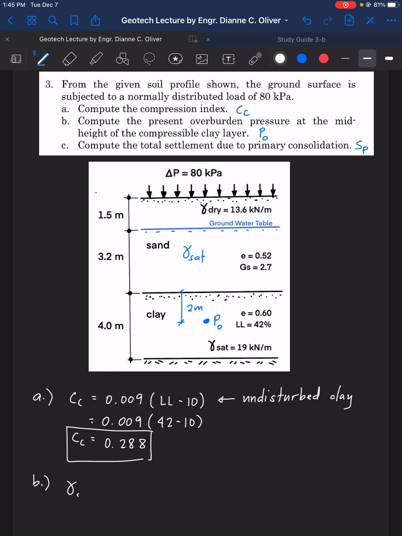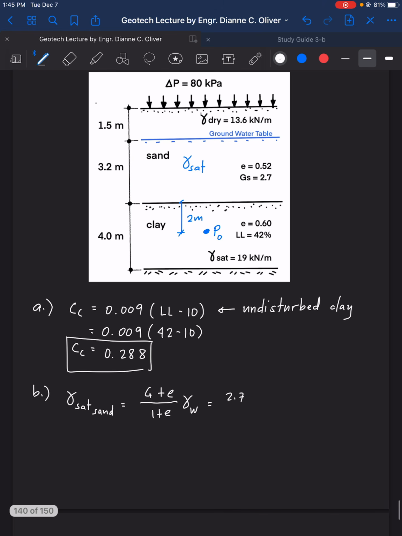So gamma sat for the sand is equal to G plus E over 1 plus E times gamma W, that is equal to 2.7 plus 0.52 over 1 plus 0.52 times 9.81.